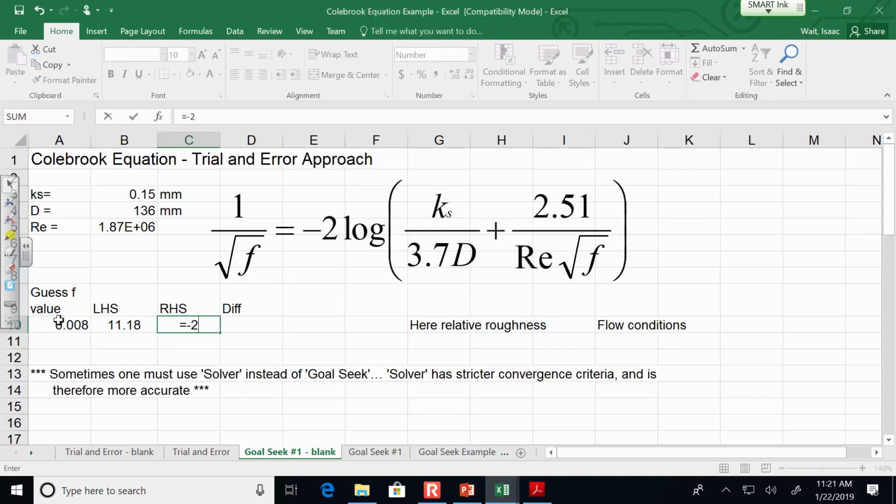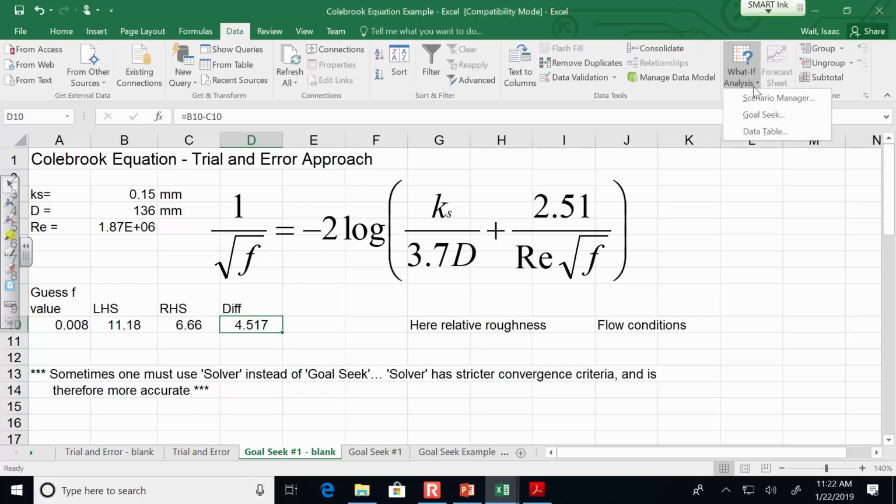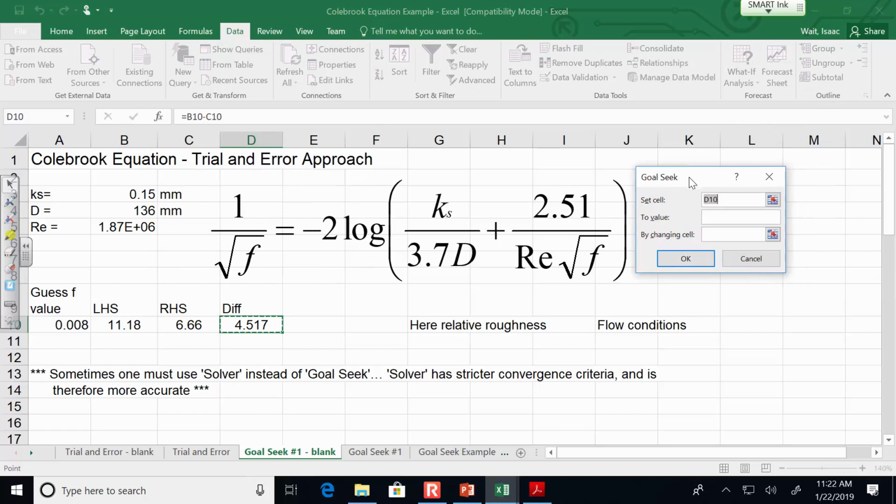Our right-hand side, negative 2 times the logarithm of k sub s divided by 3.7 divided by d plus 2.51 divided by the Reynolds number divided by the f value. All right, so now the difference is going to be one minus the other, and it honestly doesn't matter which, but what we're looking for is in goal seek, data, what if analysis, goal seek, we're going to have it set this cell to 0 by changing our guess value of f, and so it iterates that.